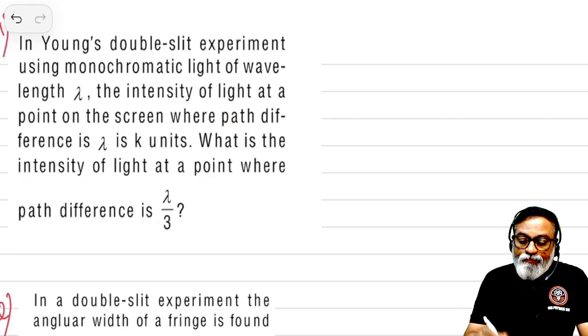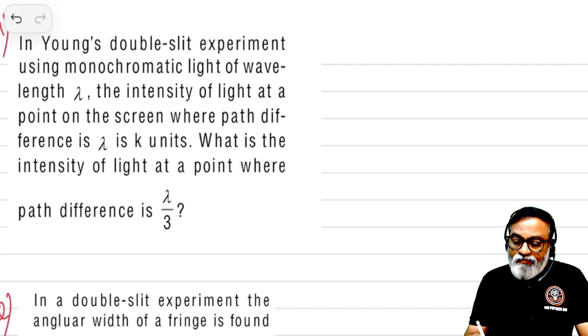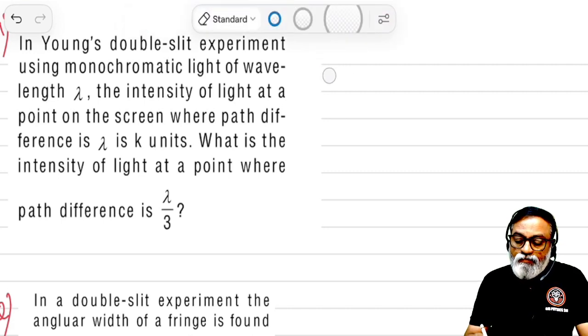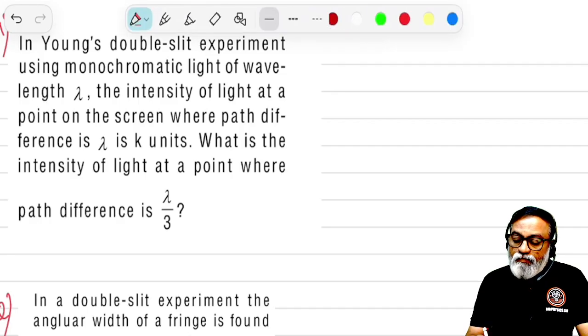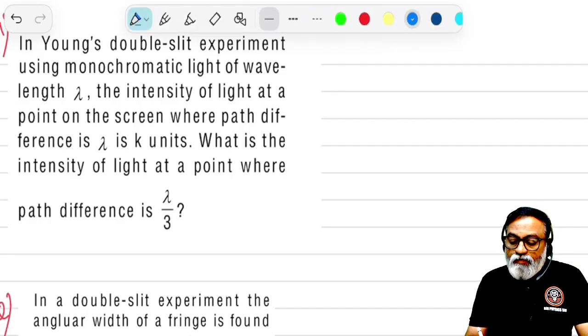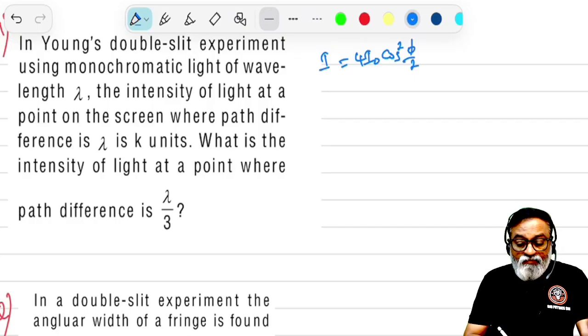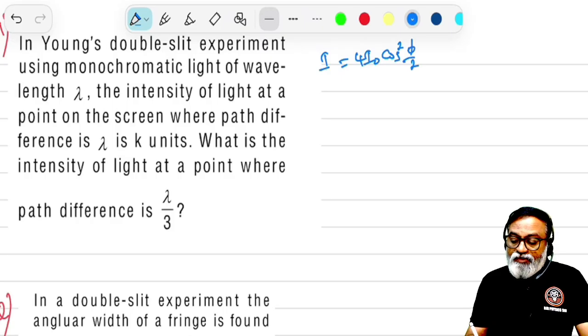See here, in YDSE, intensity I is equal to 4 I naught cos square phi by 2. Here the path difference is lambda and the intensity is k units.